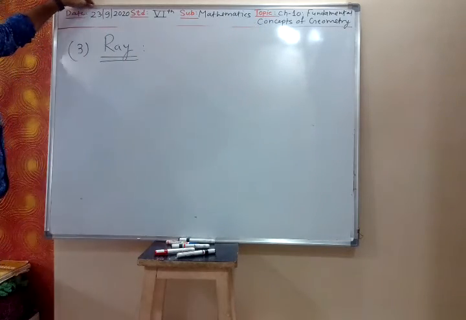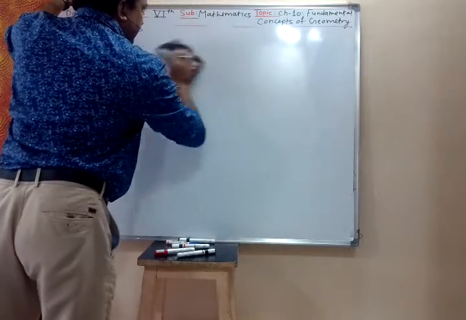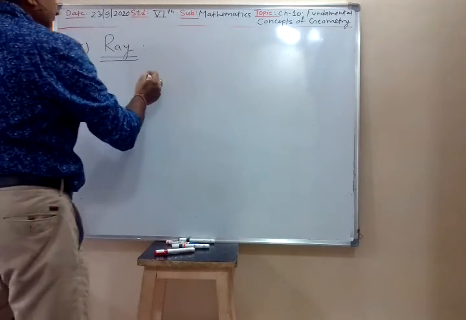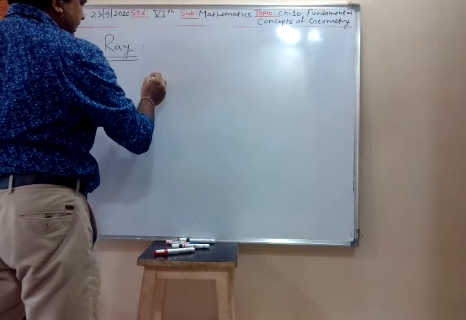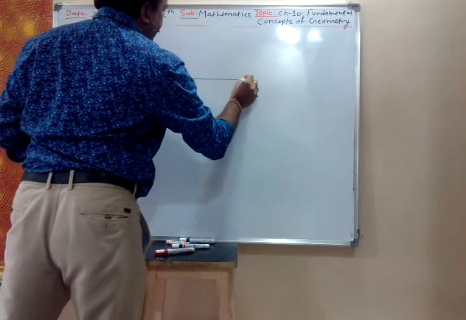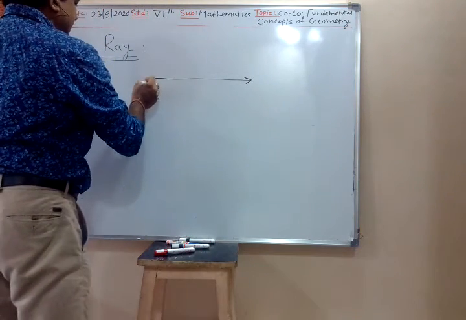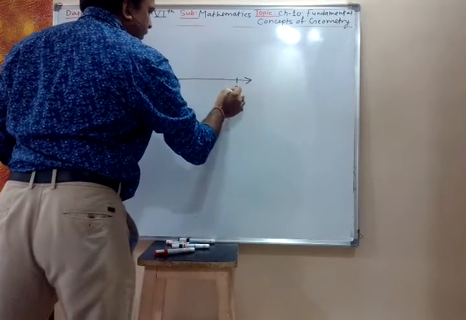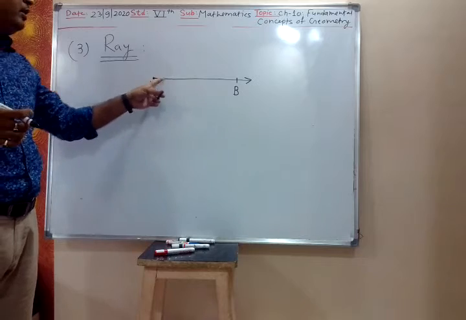So now what is a ray? Let us take this point and this point, and we write the arrow at this side. So this is my A and this is my B. Now ray means one dot and one arrow.